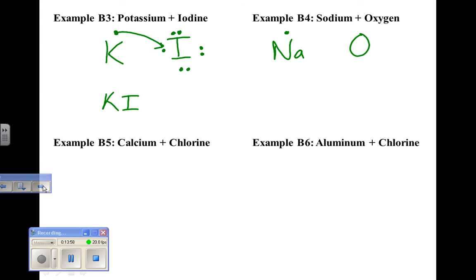Let's see if someone can apply what we've done before to this one. William? Okay, so this is going to put 1 here. And then I get another sodium to put that one right here. And what's my chemical formula? Na2O.